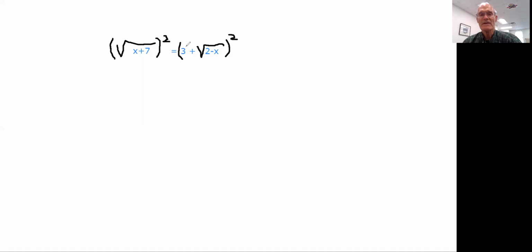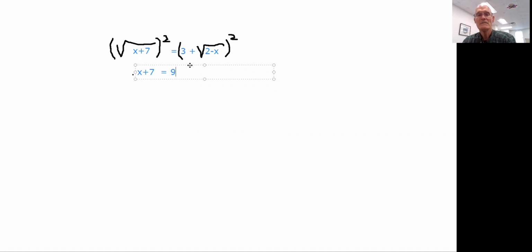Now, remember, if I have just a square root and I square it, I get what's underneath. So on the left side here, I just have x plus 7. Got my equal sign. Now, remember here, when I square a binomial, you square the first, so you square 3, you get 9.